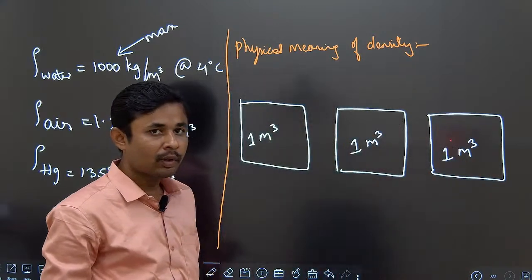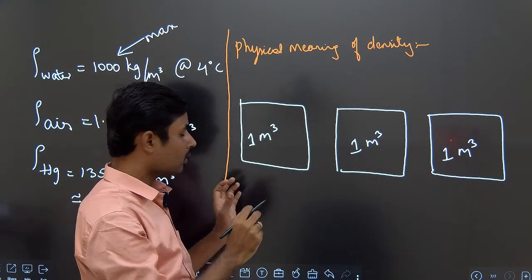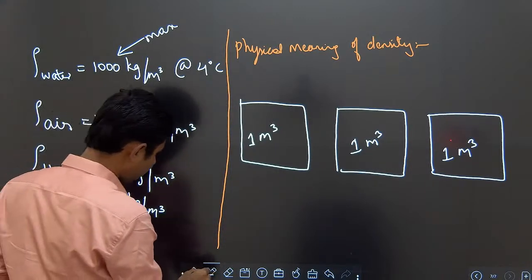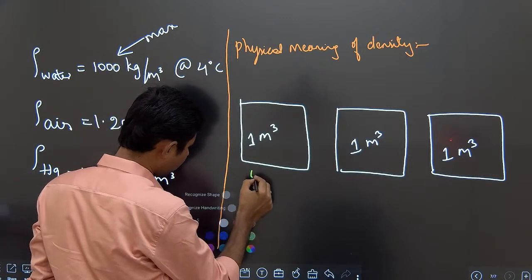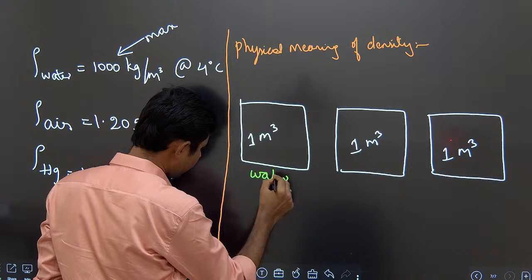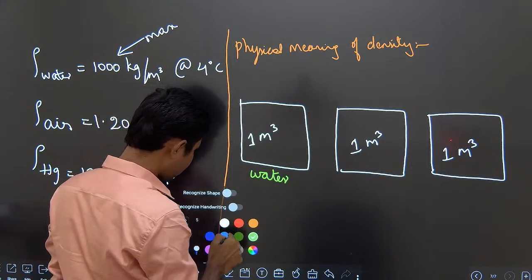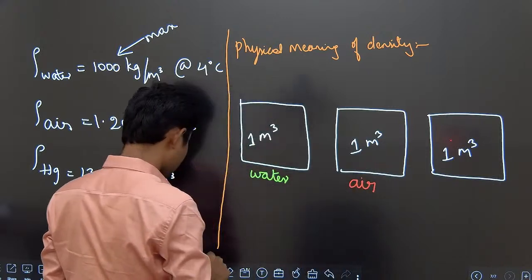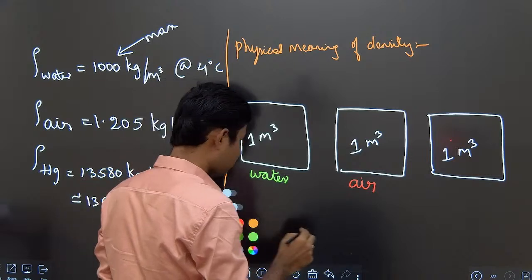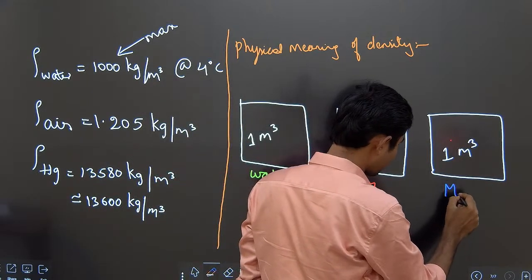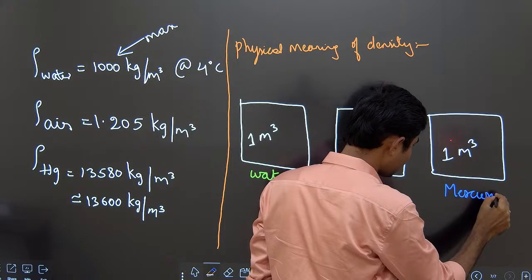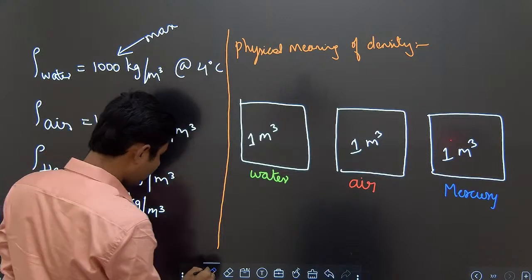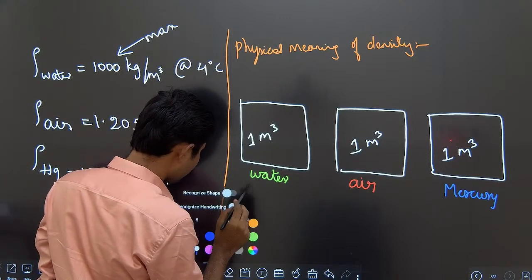Okay. Now we want to fill these containers with different materials. Let us say in the first container I want to fill water, in the second container I want to fill air, and in the third container I want to fill mercury, each of 1 meter cube. Let us see how much weight each has.